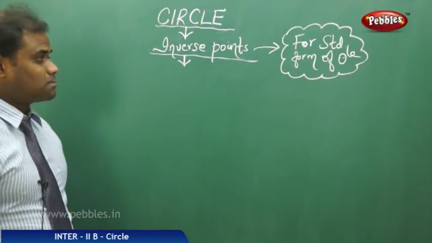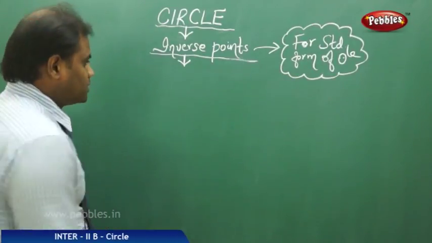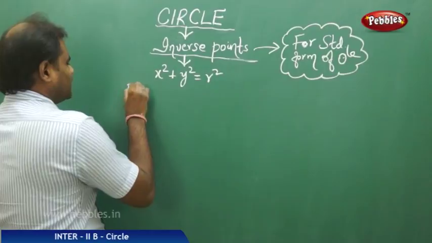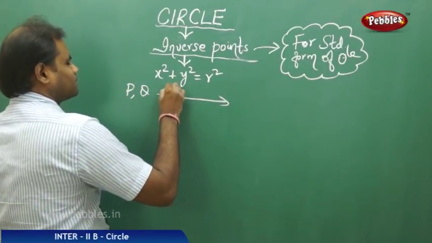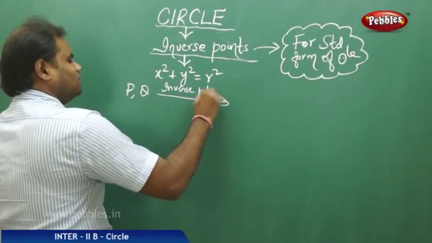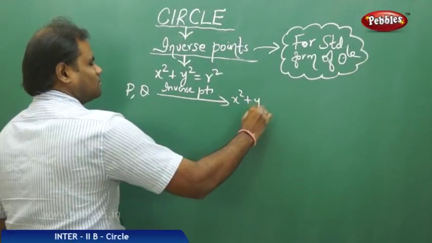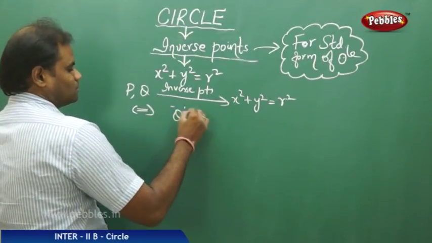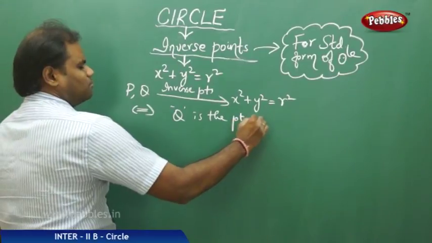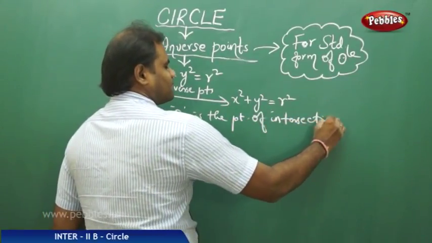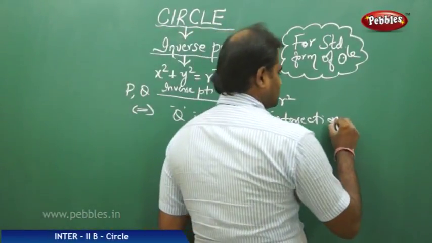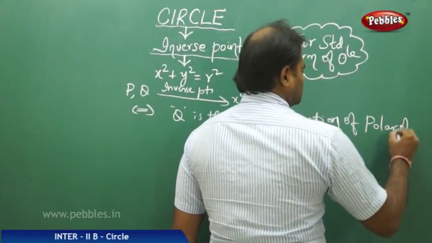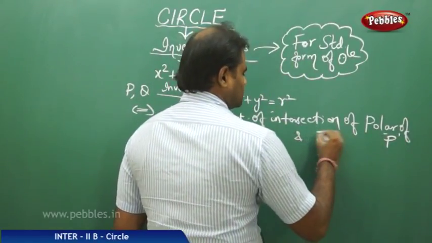Now let's see the inverse points for the standard form of circle. That is, if I take the circle in the standard form as x squared plus y squared equal to r squared, then P and Q are said to be inverse points for this if and only if Q is the point of intersection of the polar of P and CP.